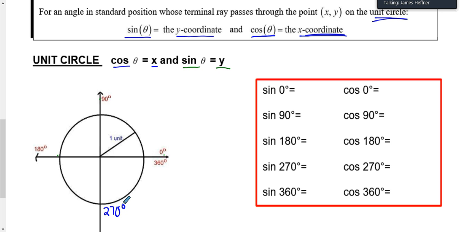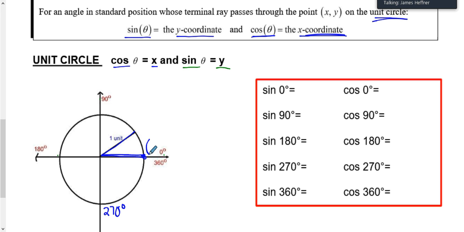This angle here is not really 0 degrees, right? Everybody agree? But if we close the angle down and made it 0 degrees, what are the coordinates of this point right here?